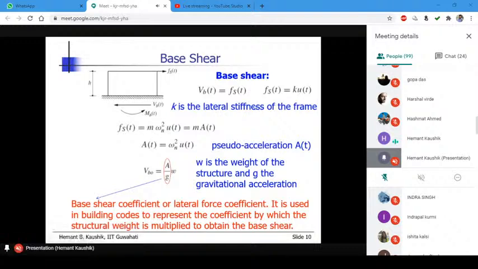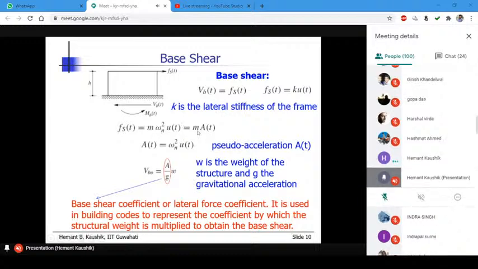Otherwise, it is the same equation. Now you also know Newton's law of motion, which says that force is mass times acceleration. The mass is here, and obviously this term has to be some sort of acceleration, so we write it as m times a(t).